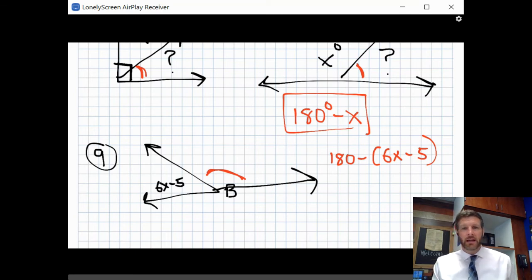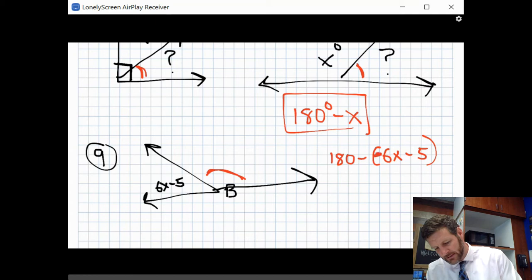Notice, if you watch the homework, that you need to put this in parentheses. The reason that's important is that we need to distribute the negative. In other words, the negative here needs to be applied to the 6x and the negative 5. So what that ends up looking like is 180 minus 6x plus 5.